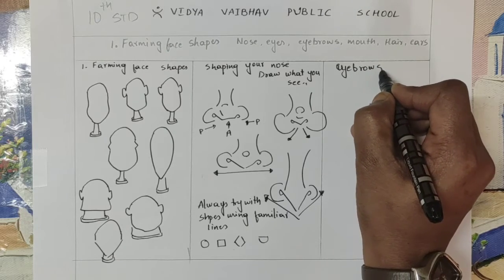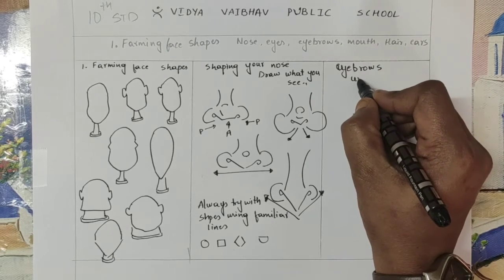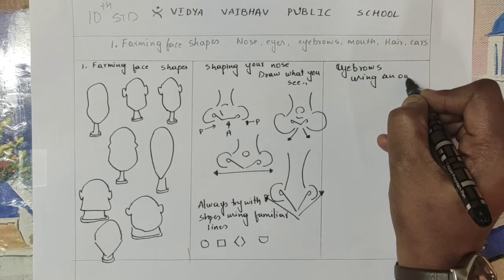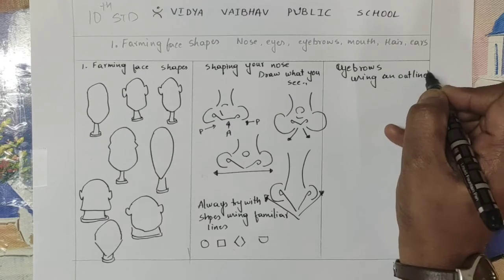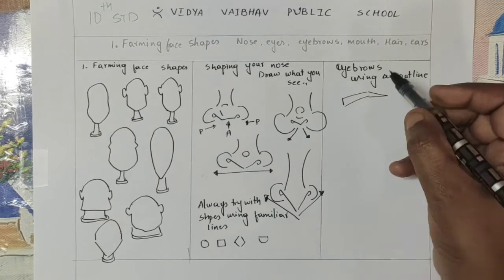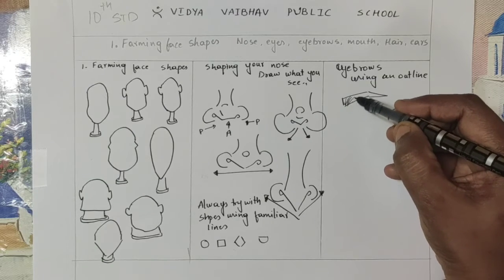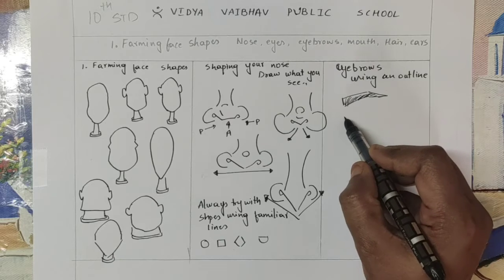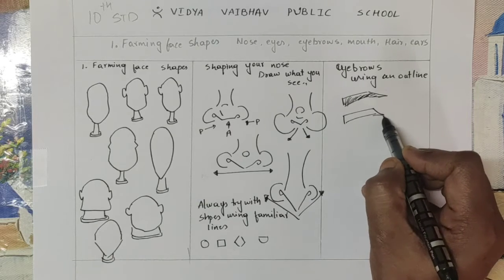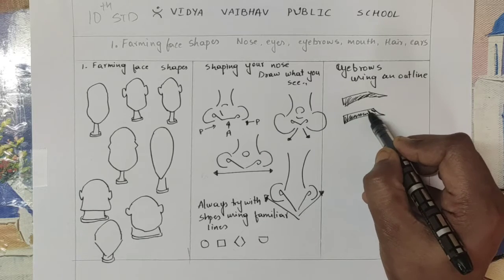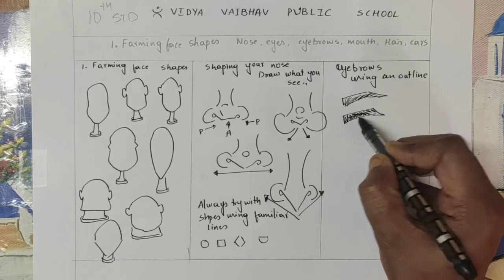Eyebrows. So here, using an outline. For example, when we are drawing the outline, we'll draw the outline and start filling inside. Okay, the other one, again the same technique, we'll draw both sides, the strokes.